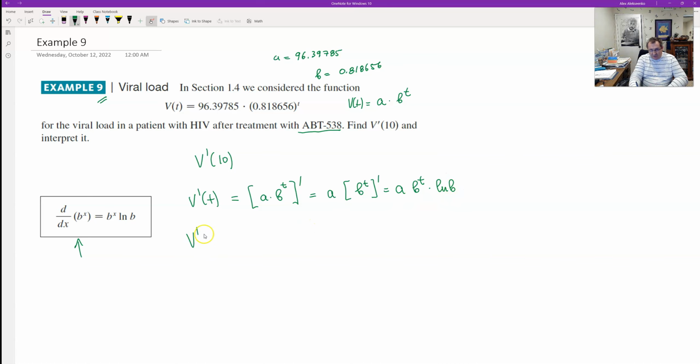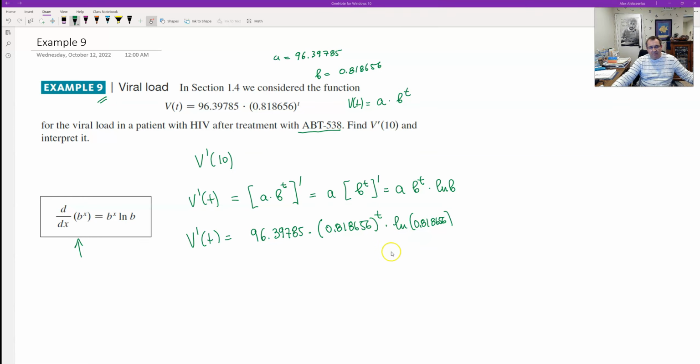Substituting the specific values, instead of a we'll put 96.39785 multiplied by 0.818656 raised to t, and multiplied by natural log of 0.818656.